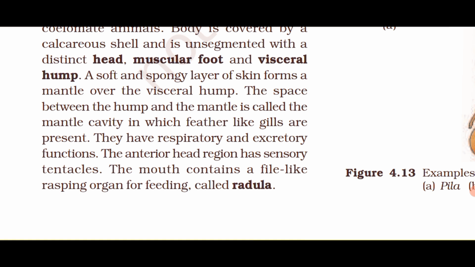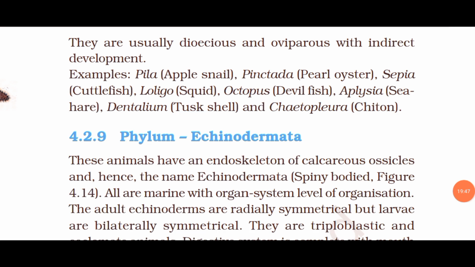They have respiratory and excretory functions. The anterior head region has sensory tentacles. The mouth contains a file-like rasping organ for feeding called radula. They are usually dioecious and oviparous with indirect development.